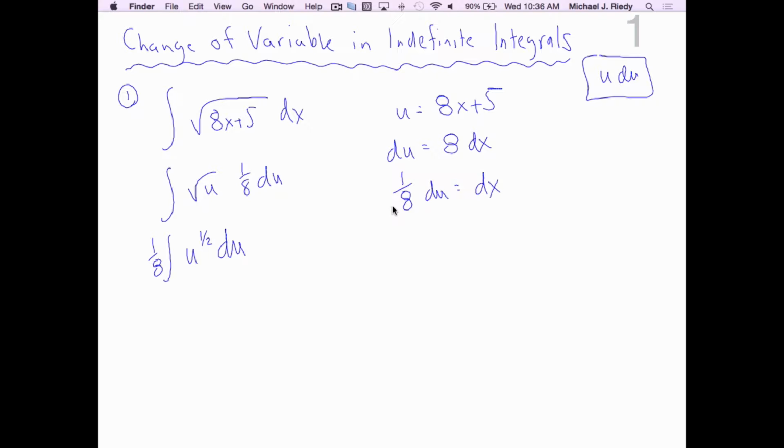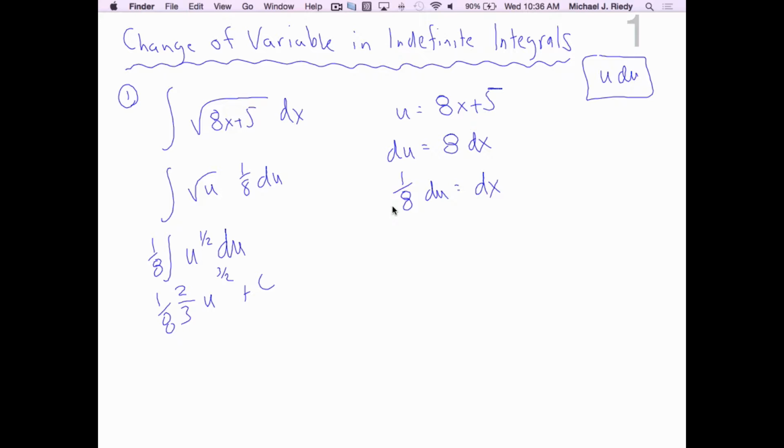And we should all be able to take the antiderivative of that, can we not? Good. What is it, Steph? 2/3 u to the 3/2, plus c, since it's an indefinite integral.